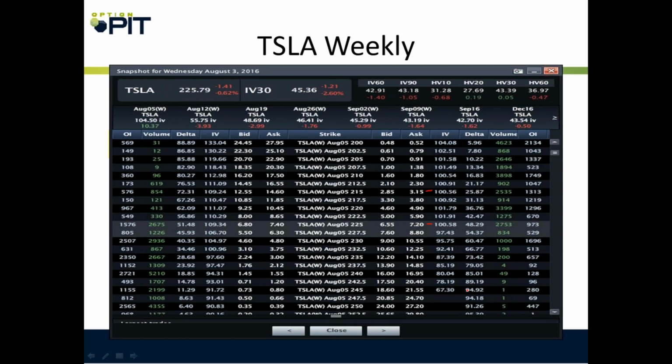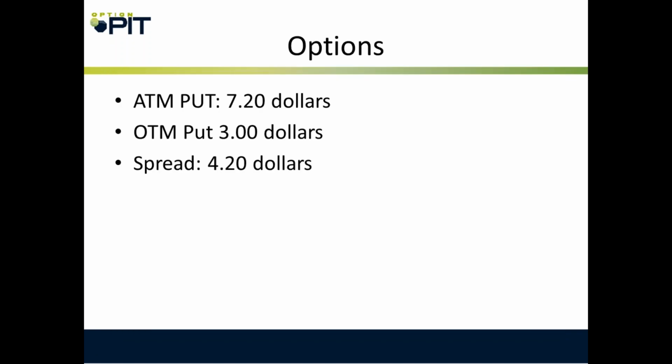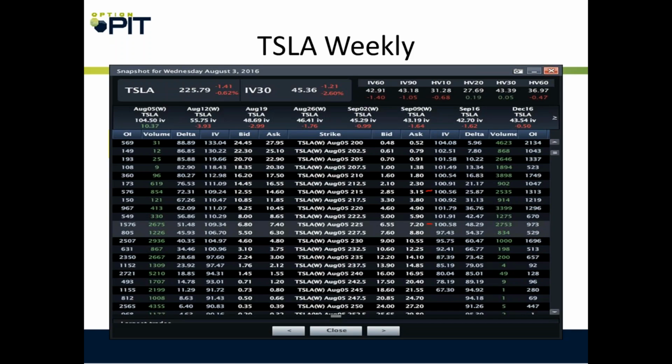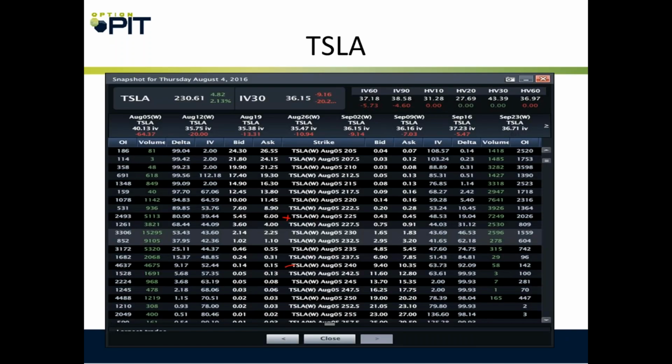Let's see how those guys performed. So I could pay $7.20, I could pay $3, or I could do the spread for $4.20. Let's see how we did on all these. Well, I got beat bad regardless.